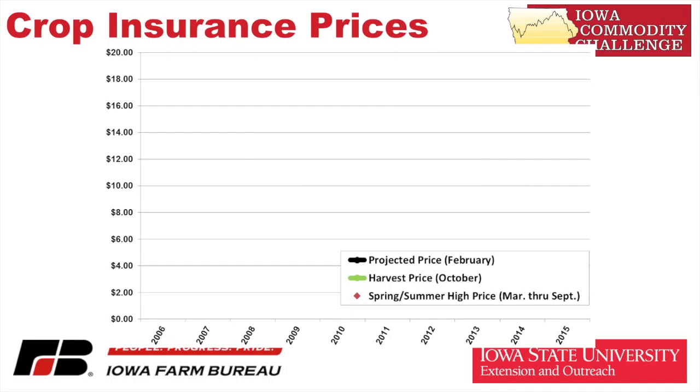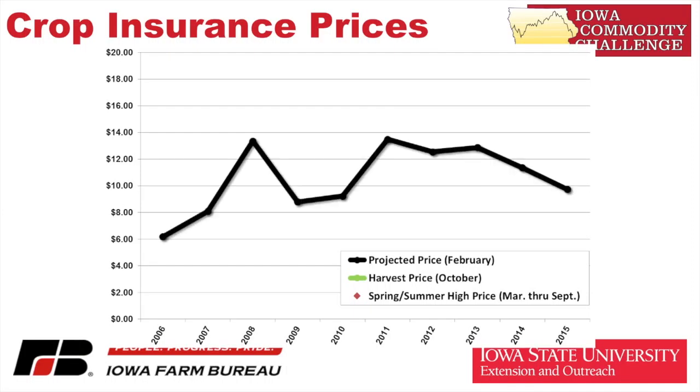I've done the same with soybeans. The black line is the projected price using November soybean futures each year. The green line is the October average, or the harvest price.